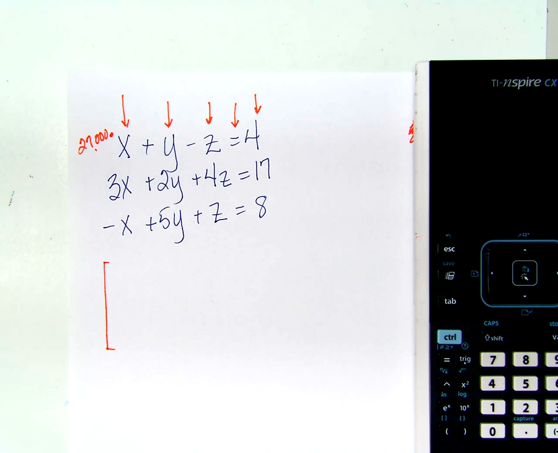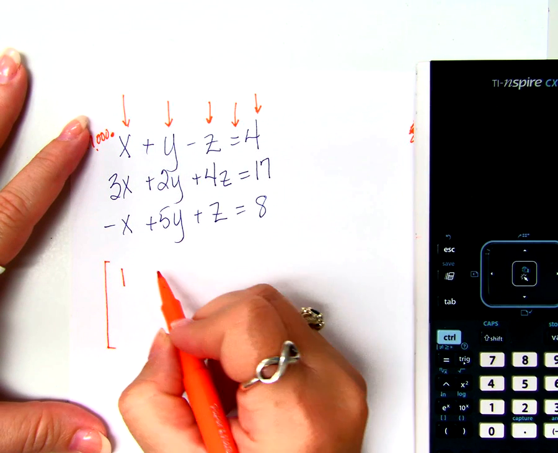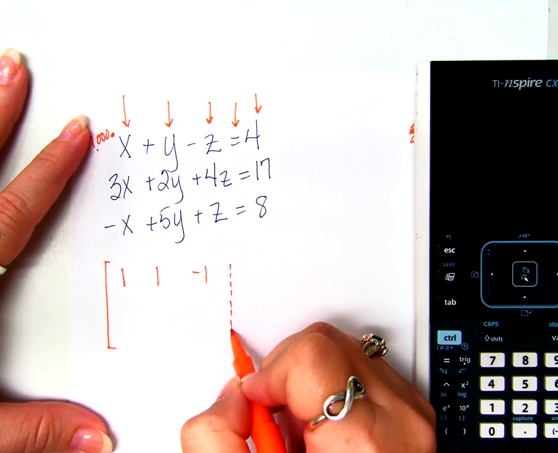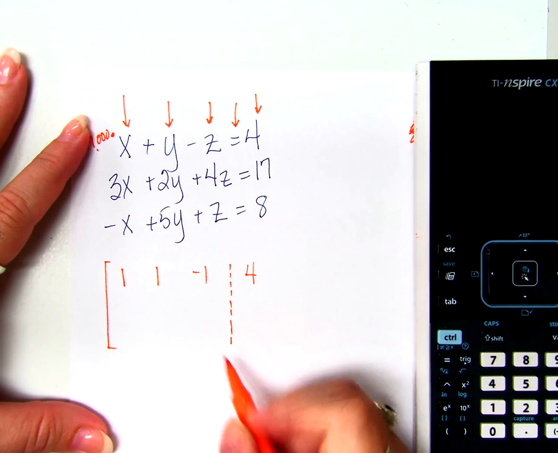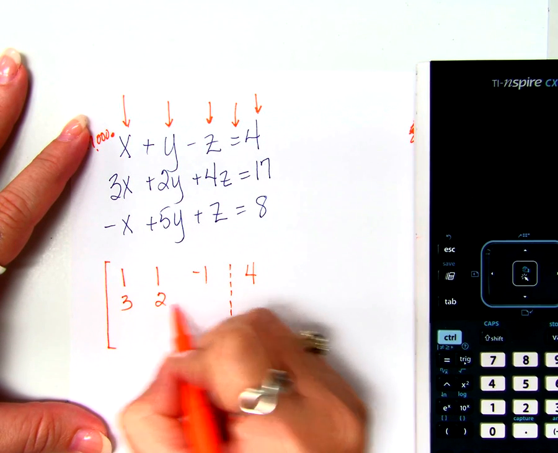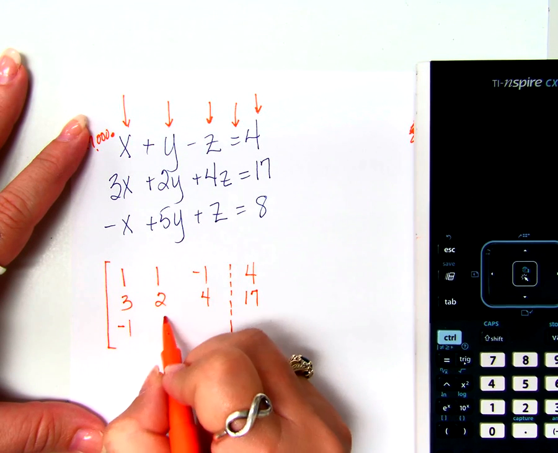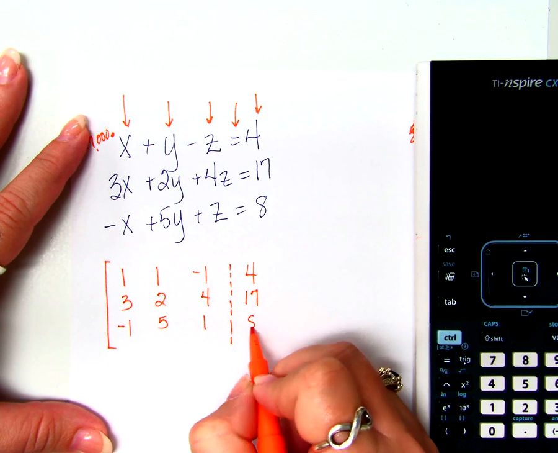First of all, do you know what a matrix is? A matrix is a rectangular array of numbers. It's just a way to set up numbers in a rectangular arrangement. Fair enough? Okay. 1, 1, negative 1, 4. 3, 2, 4, 17. Negative 1, 5, 1, 8.